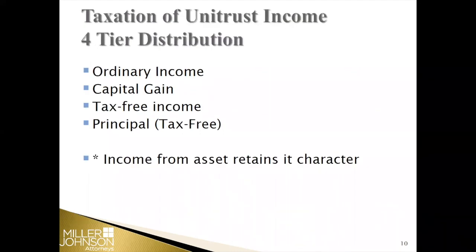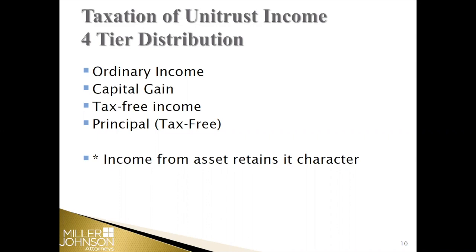How are these taxed? So this is important. When you're working with your financial advisor, it is important to discuss the taxation of these Unitrusts, because there's a four-tier taxation structure.